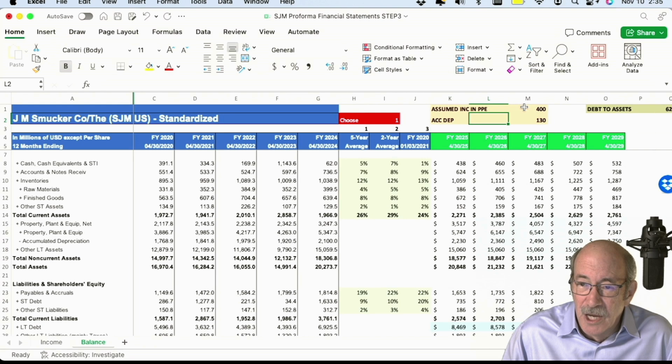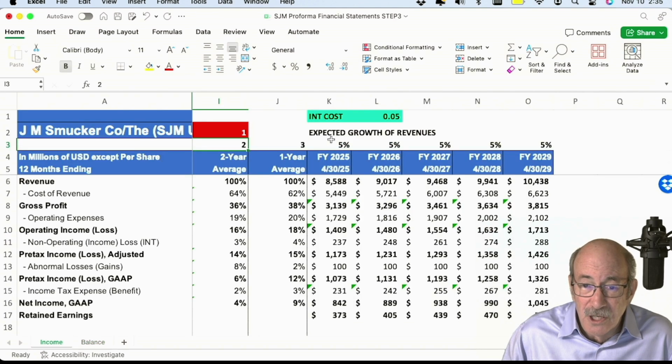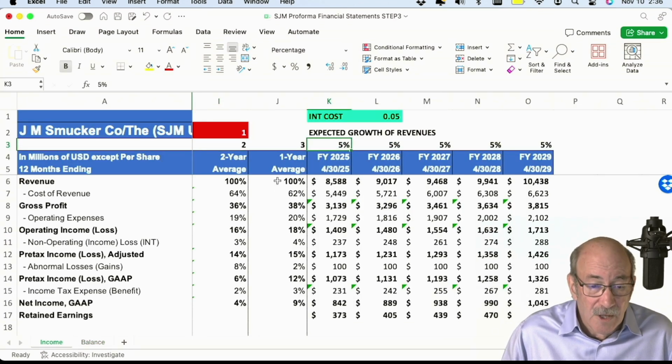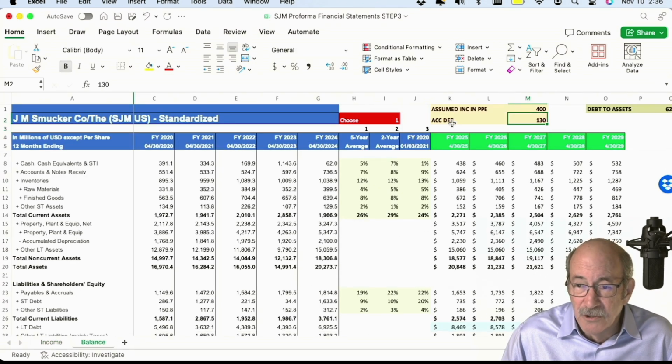And I could put my PPE additions here, and I could put my additions to accumulated depreciation here. So I could do the same thing that I did on my income statement related to the growth rate, right? So feel free to make that change if you think that that's going to be helpful and make your spreadsheet more flexible. In this particular case, I just chose to use one.